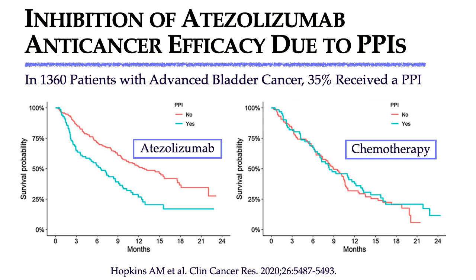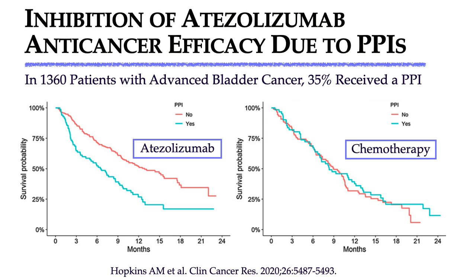Here's another study. These are people with a different cancer, advanced bladder cancer, which is really not a good thing to get. And this is inhibition of atezolizumab efficacy due to PPIs. Look at the left-hand side of this slide.